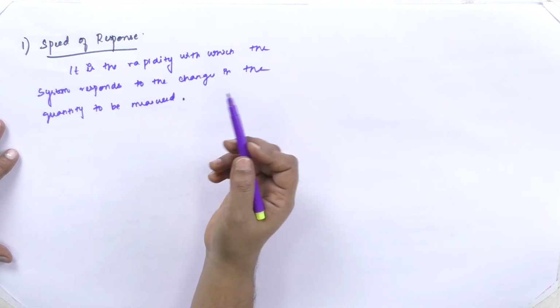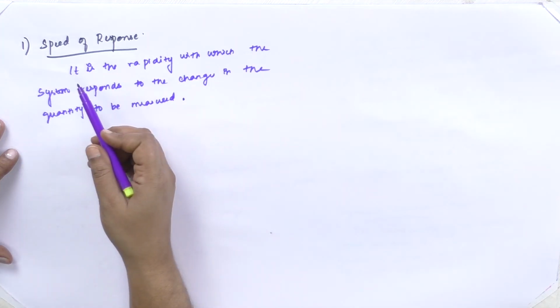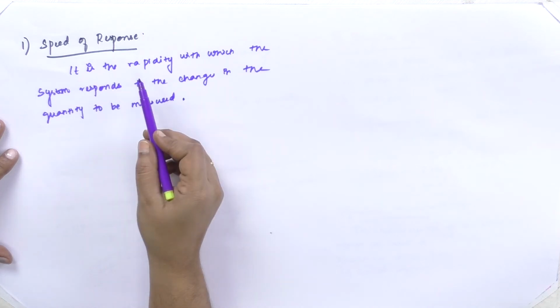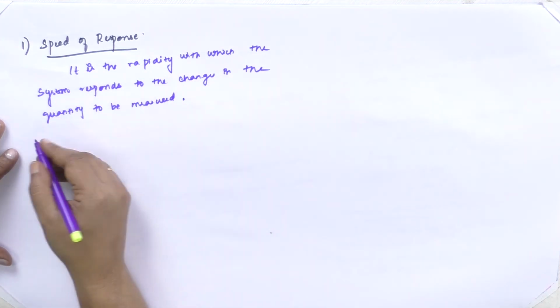How rapidly or how quickly the system responds to the change in the quantity to be measured is called the speed of response. So, it gives information about how the system reacts to the change in the input.